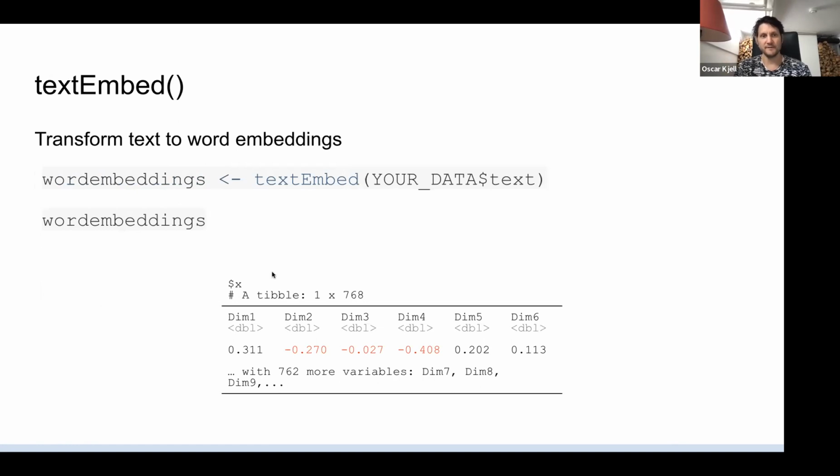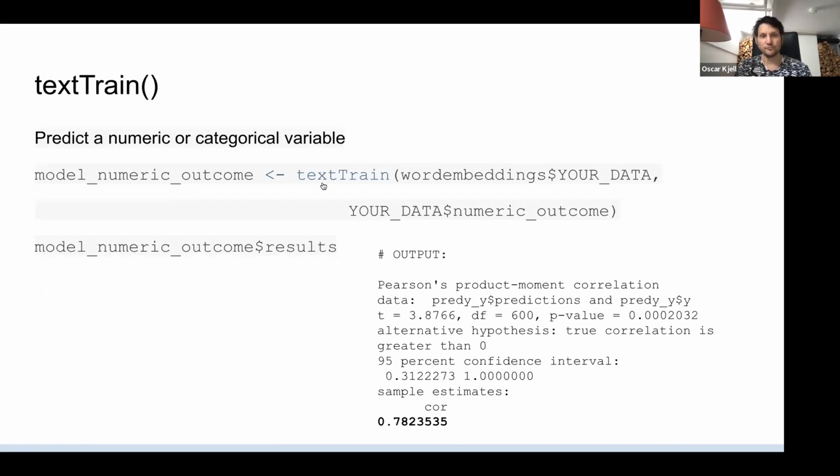One of the first steps is using the function textEmbed and inserting your text data. With this, you get numeric word embeddings that you can use in your own pipeline for whatever you might be interested in. But we also provide some higher-level functions where you just give, for example, train here.